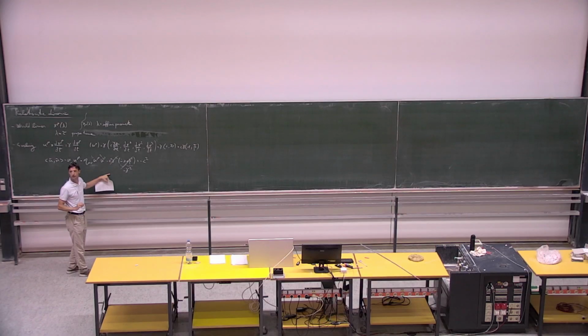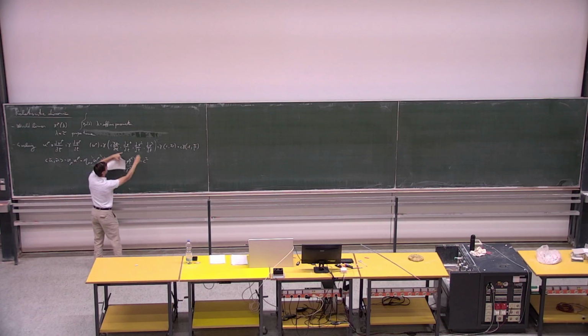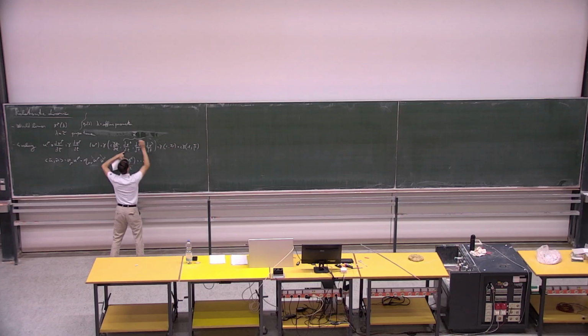Yes, it's a 3 vector, because it's this guy here. So that's x, and that's v, which is a 3-dimensional object.